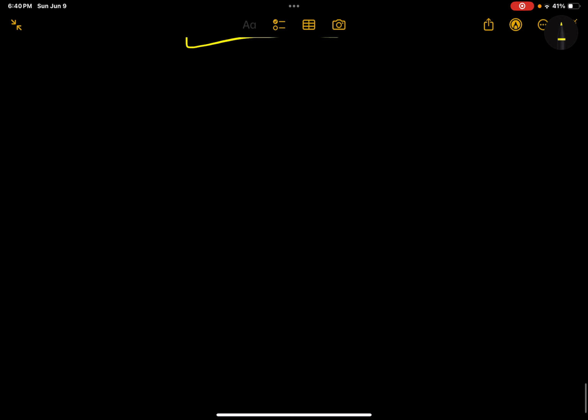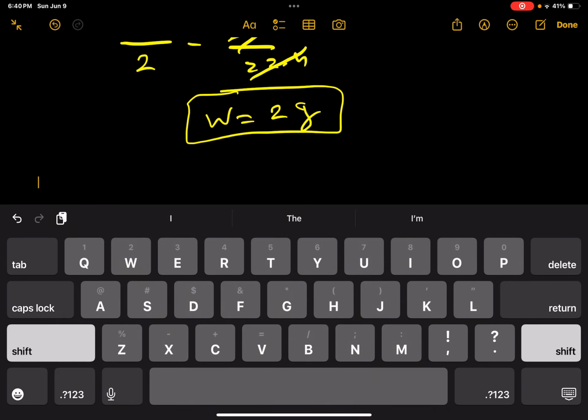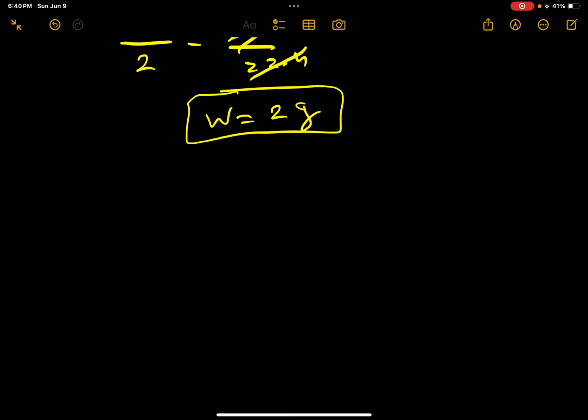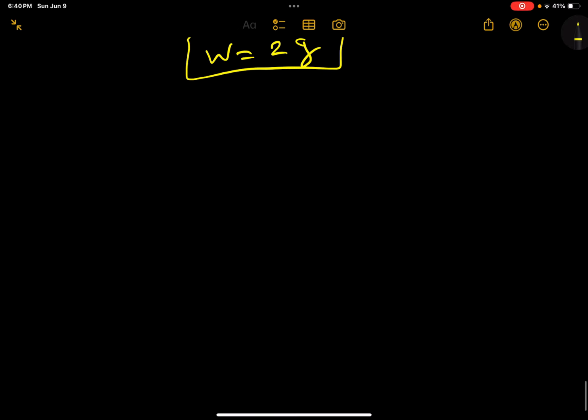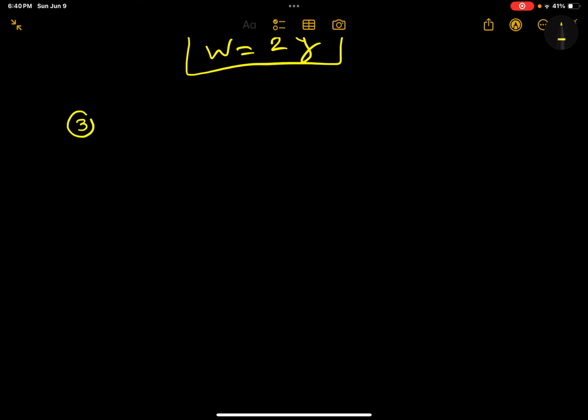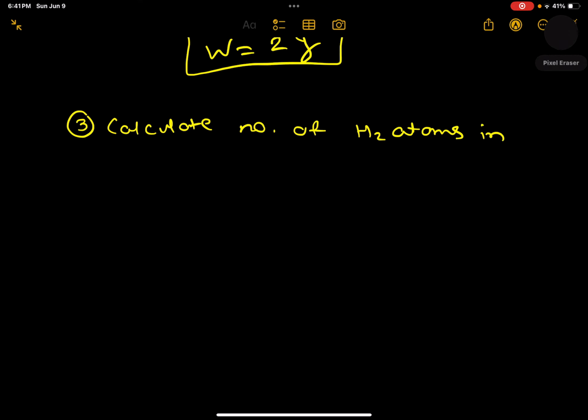Let's do the third question. Calculate the number of H atoms in 2.8 liter H2 at NTP. We want to find the number of hydrogen atoms in 2.8 liter H2 at NTP.